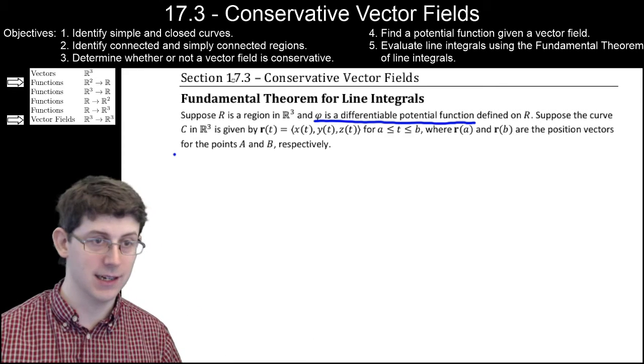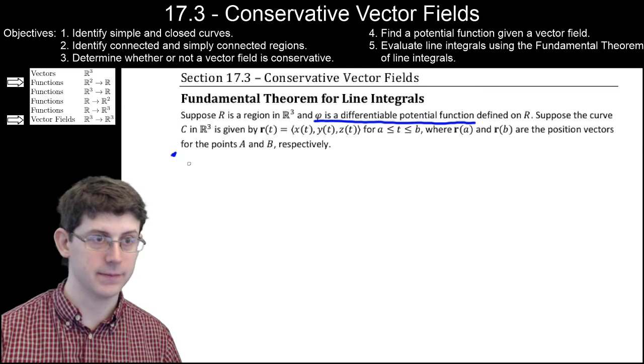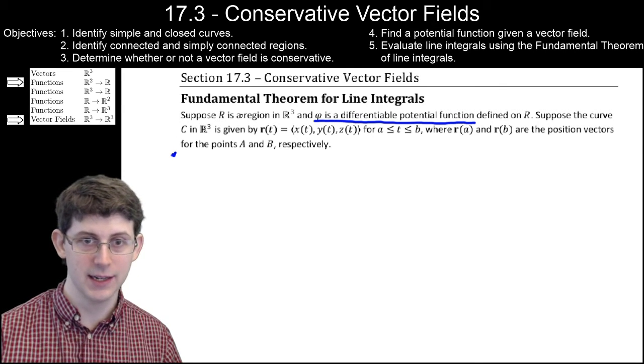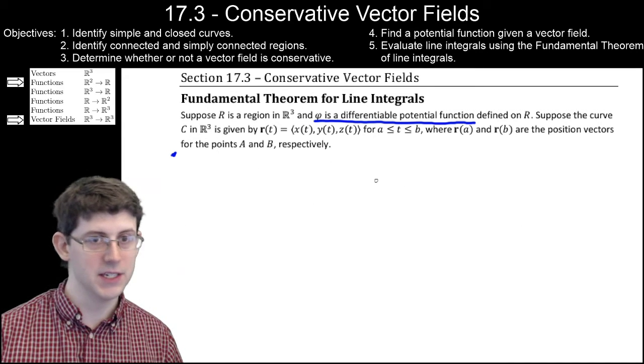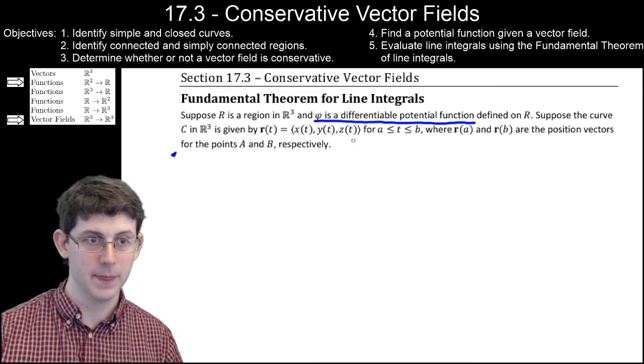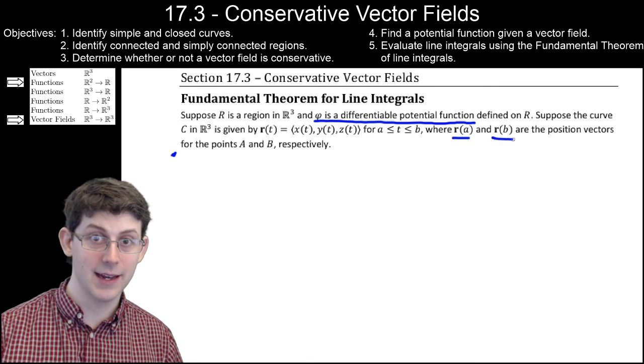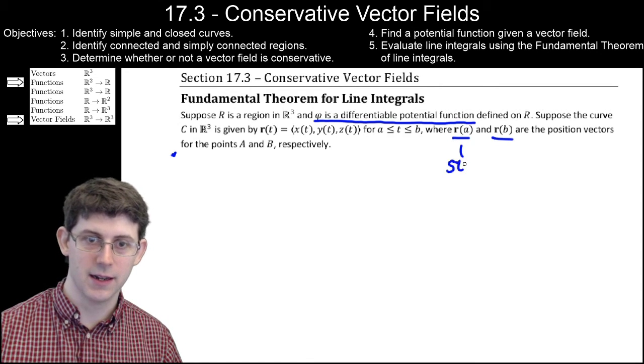So let's see how this works. Suppose you have a region and you've got a potential function. Suppose you have a curve going around in the region, parametrized this way, and you have a start point and an end point. So here's the start and here's the end.